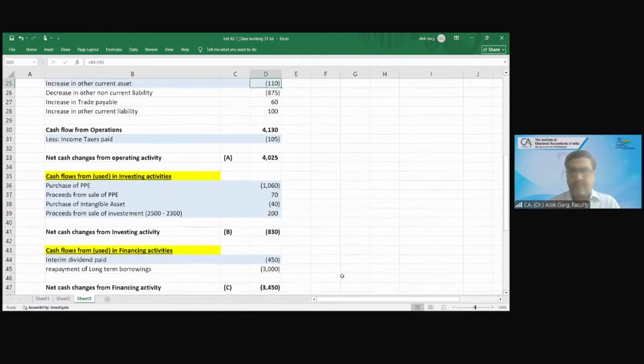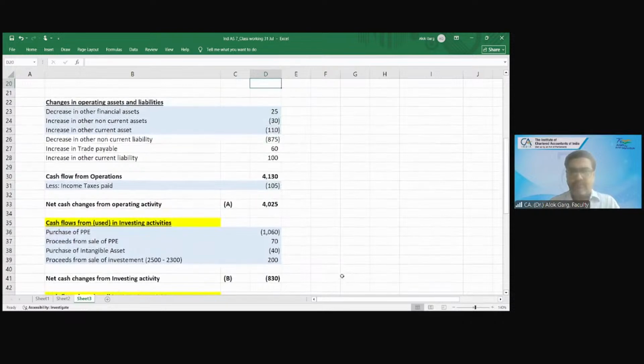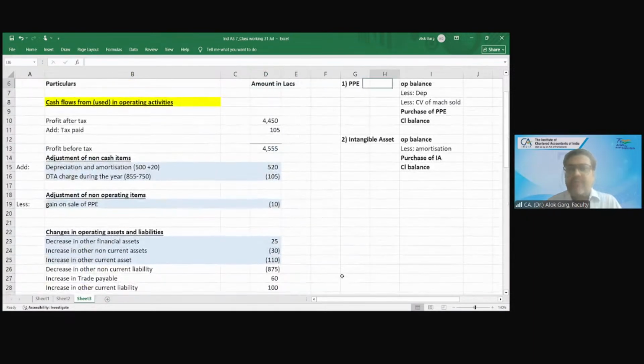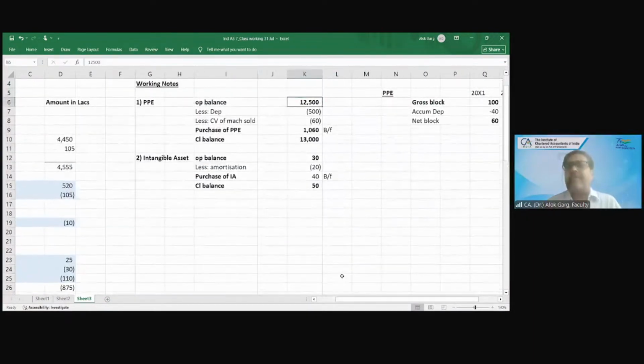Sir, we have assumed that the purchase of PPE is in cash, no? We have not assumed, we have calculated. Tell me, if you have an opening balance of 12,500 for PPE, and depreciation of 500, and you sold 60 rupees of PPE, what closing balance should you have? Sir, if the closing balance is 10,000, there is no addition, only the sale.